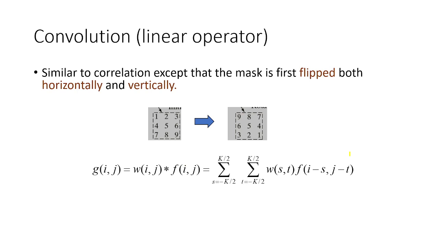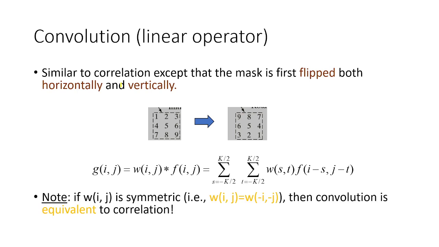The only thing is, in the correlation method of linear operation it is directly applied, whereas in the convolution method it flips both sides, vertically and horizontally, so that you get a 180-degree change. So it is symmetric, equivalent to correlation.